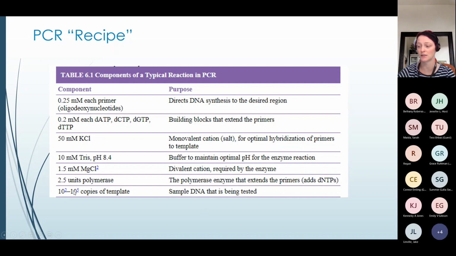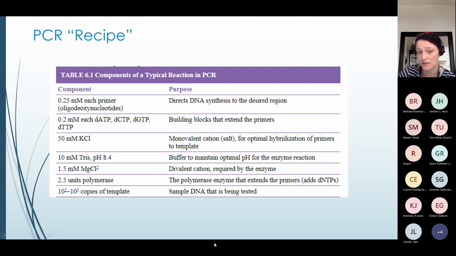You want 10 to the second to 10 to the fifth copies of template, if it's something that you can control. We nanodrop a lot of our genetic studies, and we dilute. After we extract, we determine the concentration of DNA, then we dilute and control how much DNA goes into those assays based on our testing needs.